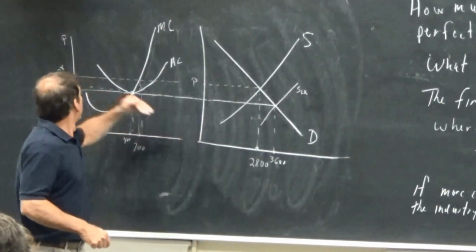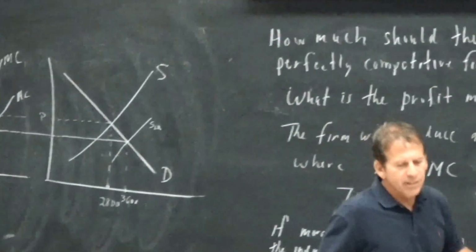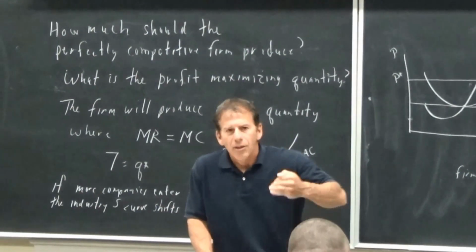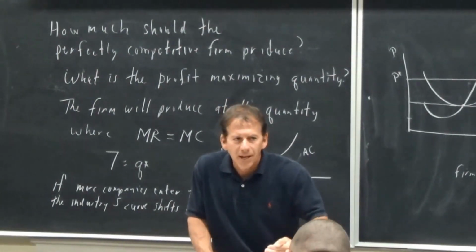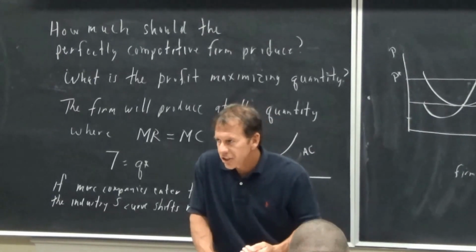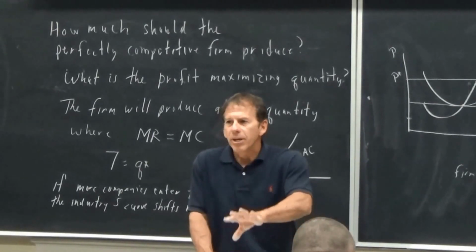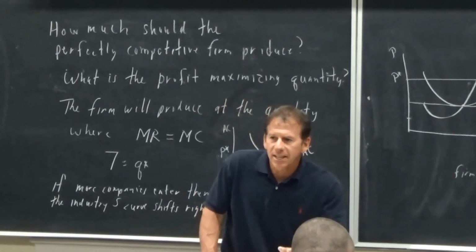So what happened is there was an original price of 20. The companies in the industry were making profit. They were producing 700 units each, and the industry was producing 2,800 units. Then, because of the profit, more companies entered.